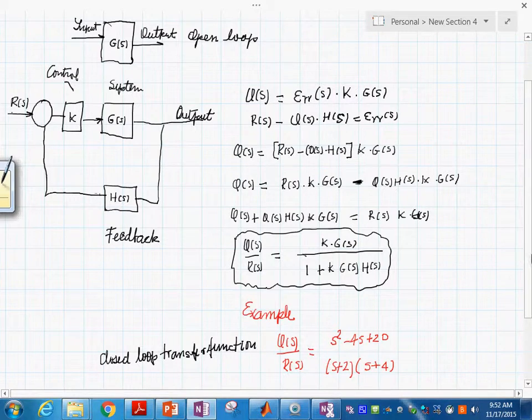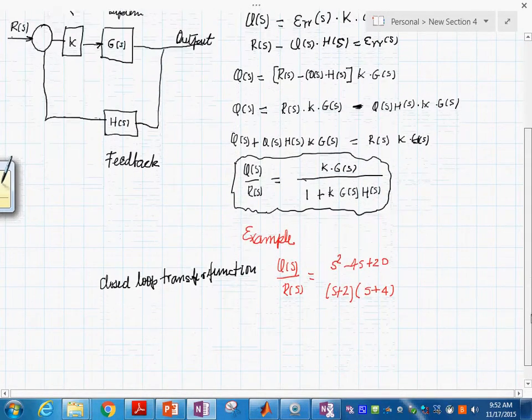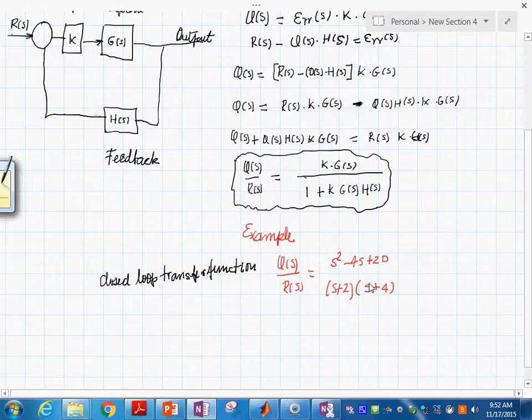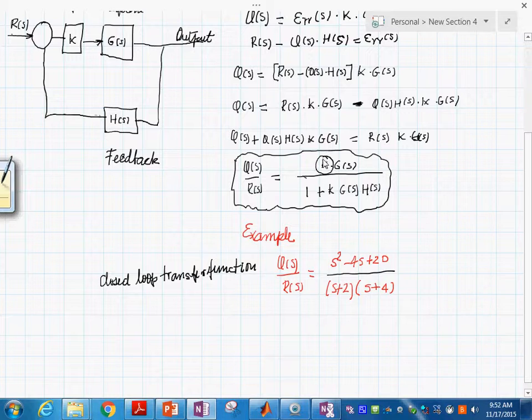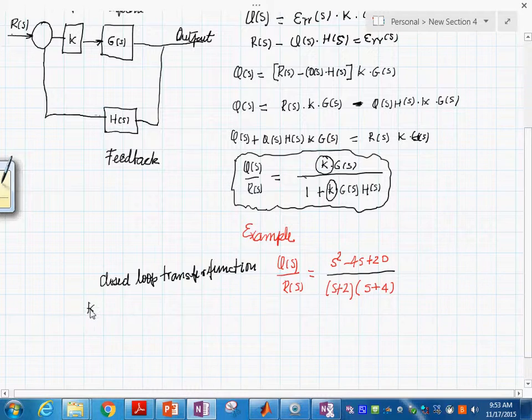If we give the system a transfer function like this, we could ask the system to study what happens to the roots if we change this K. So we could give values of K equal to 1 all the way to K equals infinity, and study what is the change.